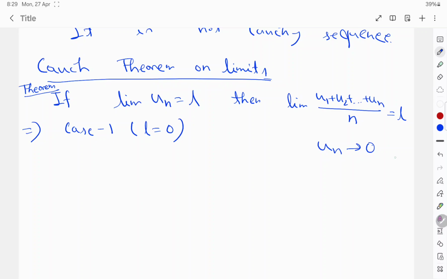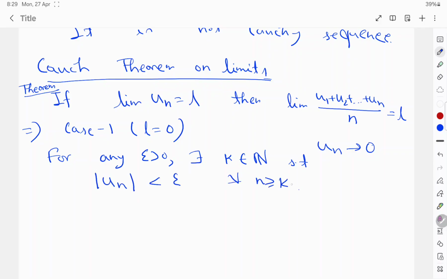What do you mean by that? So obviously you have, for any epsilon greater than 0, there exists a k belongs to natural number n such that modulus of un will be less than epsilon, right, for all n greater or equal to k, that you can say.